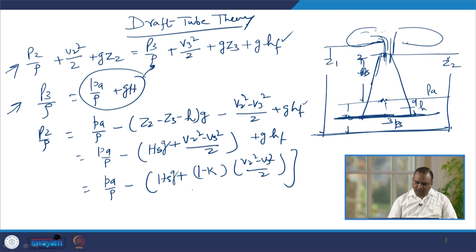V2 is always greater than V3, because this is a diverging section. So, velocity at 2 should always be greater than velocity at 3, and it means the pressure at 2 will always be less than atmospheric pressure.